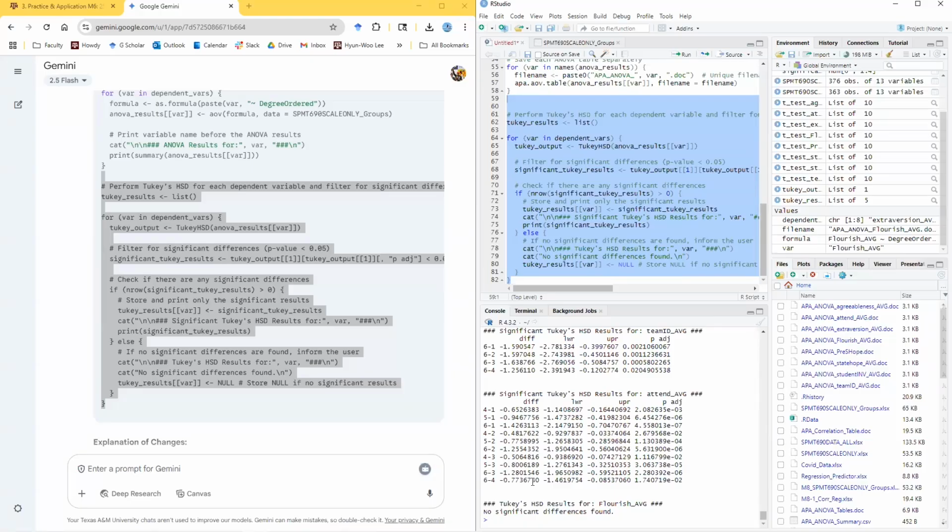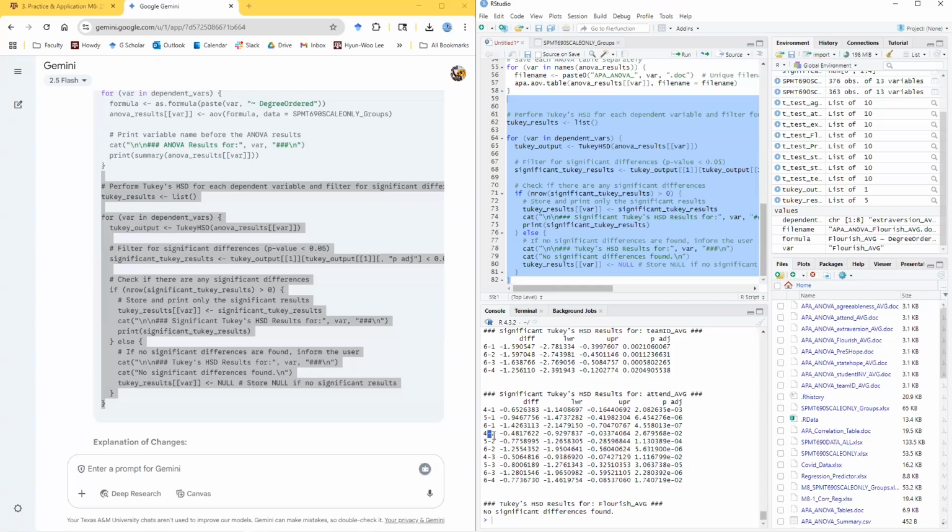So that's what we found, and that's very interesting. Freshmen had the highest attendance intention level. Seniors had a 0.65 lower mean than freshmen.